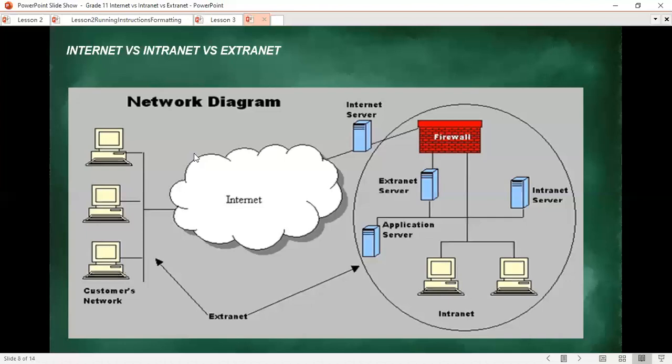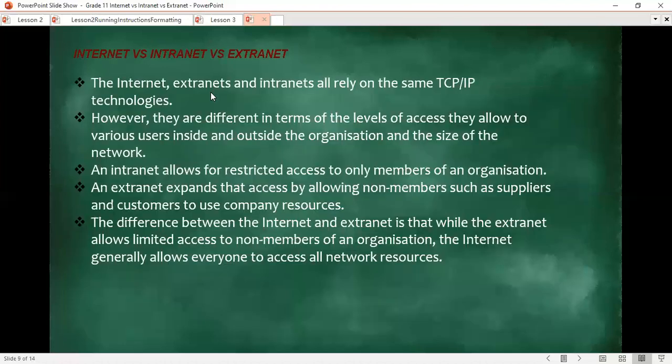Okay, I will start here. The internet, extranet, and intranet all rely on the same TCP/IP protocol. In the previous lesson, we came across the TCP and IP protocol. This is the protocol that allows the sharing of information and accessing of websites on the internet.